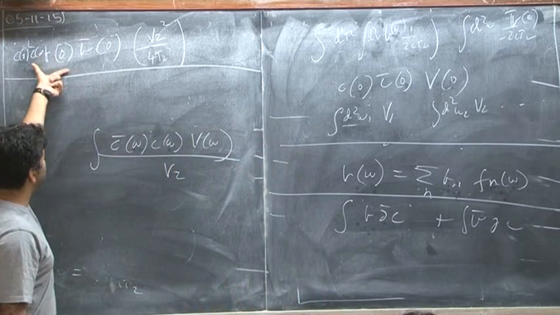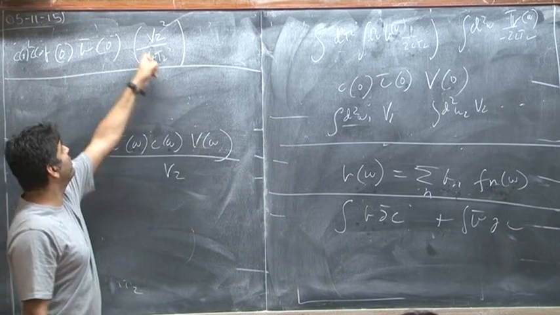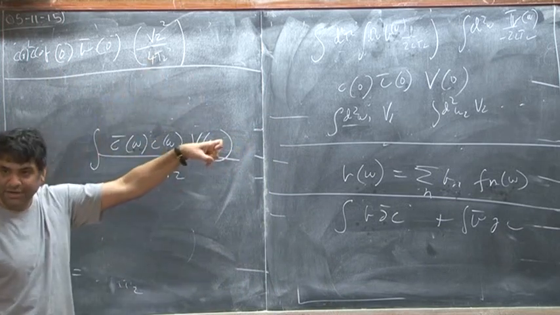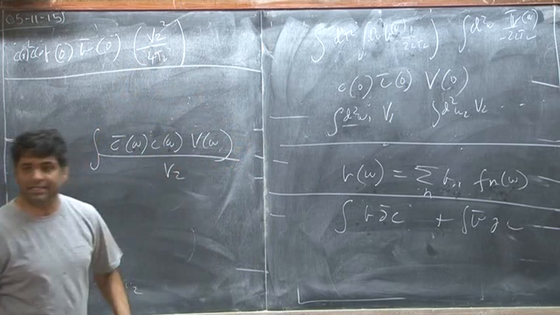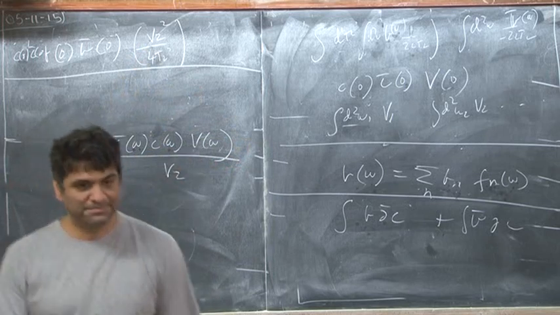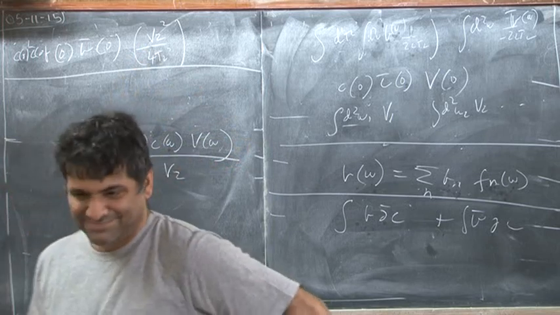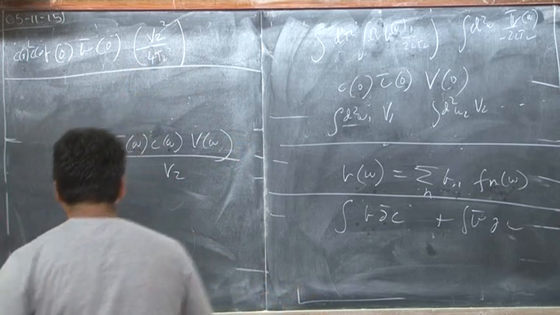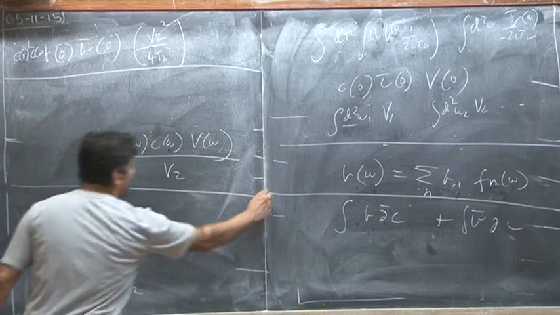So we get this with this fixed vertex operator replaced by an integrated vertex operator V of w. So now what is the final formula?